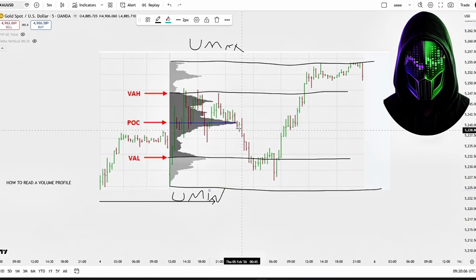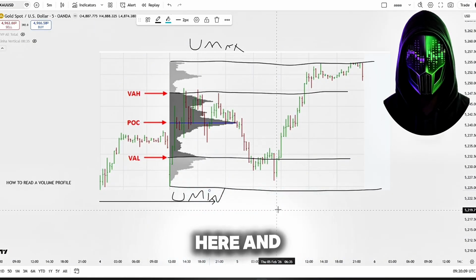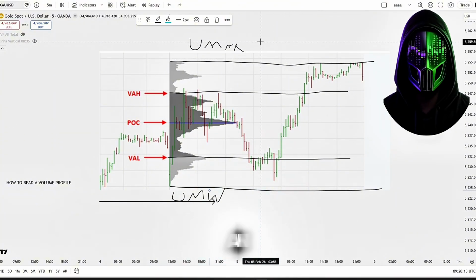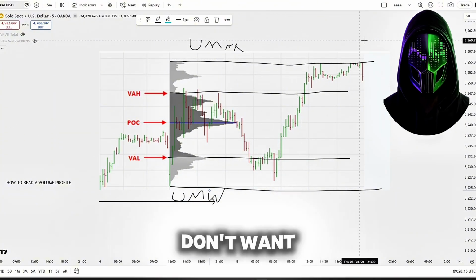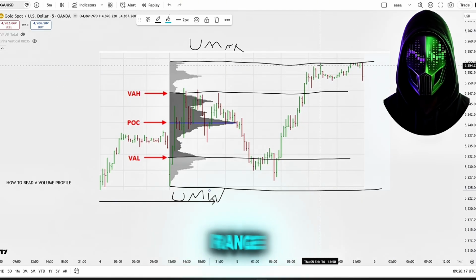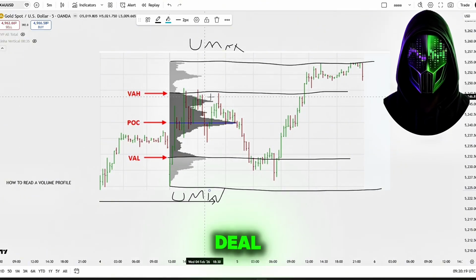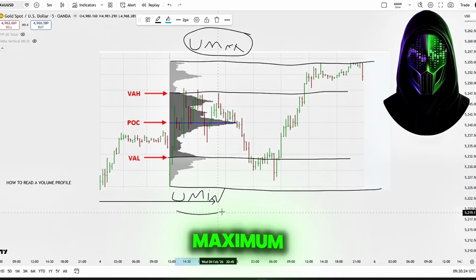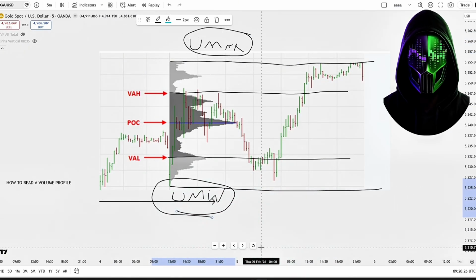What does this mean? The price comes here and makes a minimum or a maximum, and this is an unfair price because players don't want to deal in this price range. Players want to deal in this price range right here. This is an unfair price for the maximum and the minimum of price.